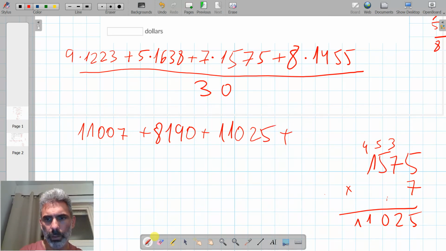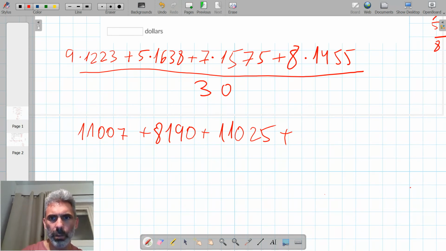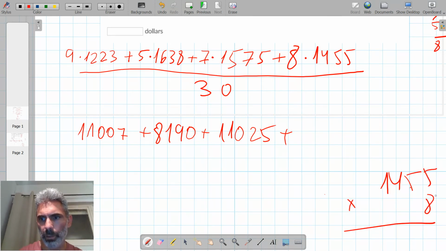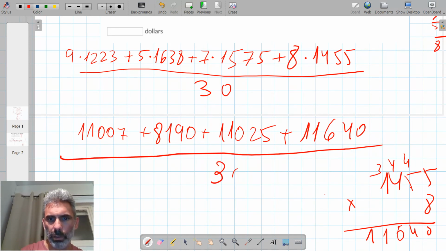Then 1,455 times 8: 8 times 5 is 40, plus 4 is 44, 8 times 4 is 32, plus 4 is 36, 8 times 1 is 8, plus 3 is 11. 11,640. And this needs to be divided by 30.